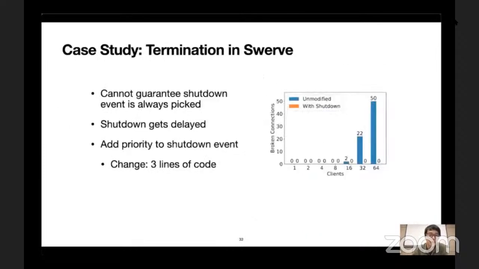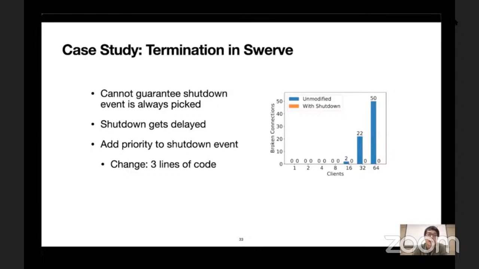Let's see a case study in termination in Swerve. Swerve is a web server. It's entirely written in CML, and the current issue in Swerve is that it cannot guarantee a graceful shutdown.